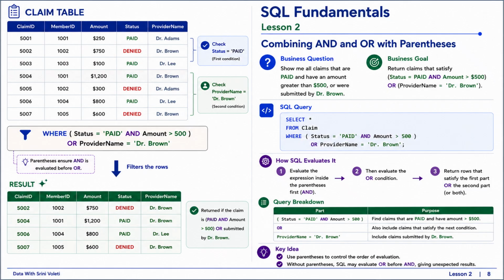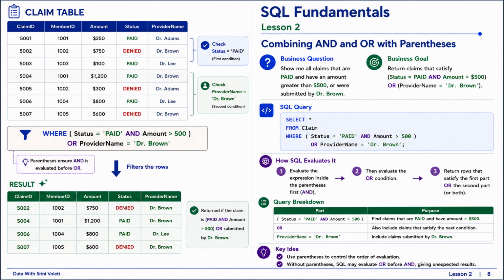Let us walk through the claim table together. Claim 5001, the claim is paid, but the amount is only 250. Since the amount is not greater than 500, the expression inside the parentheses evaluates to false. The provider also is not Dr. Brown, so neither part of the query is satisfied, and SQL excludes this row.